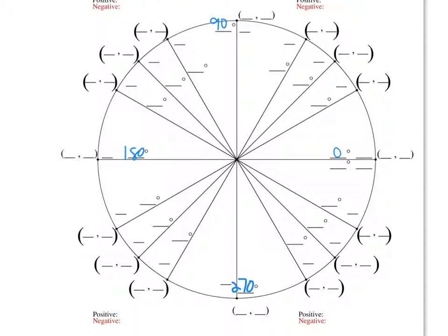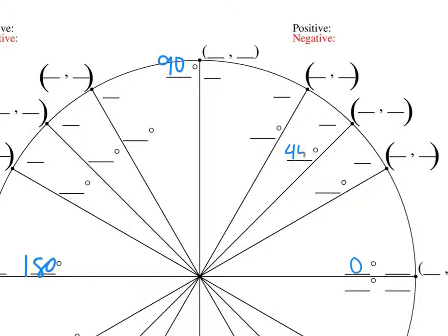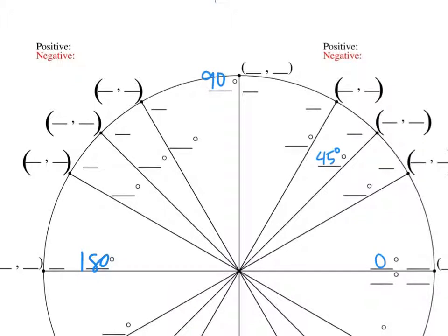Next, let's fill out the 45 degrees. 45 degrees is halfway between 0 and 90, right? So that is 45 here. And the interesting thing is, you start at 0, add 45 to get to 45, add another 45, you get to 90.